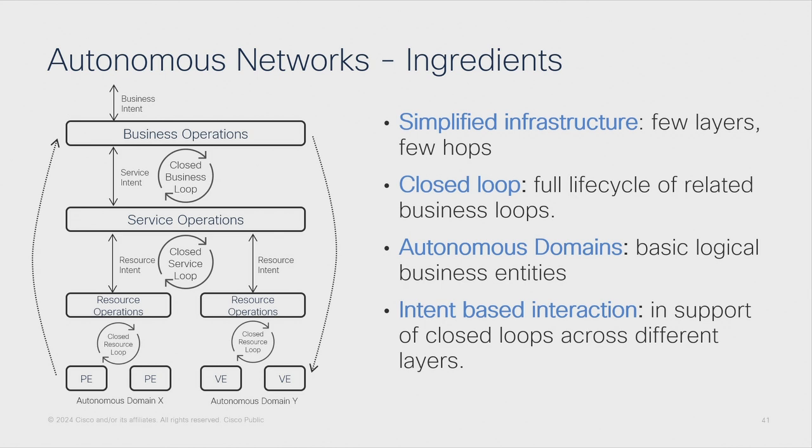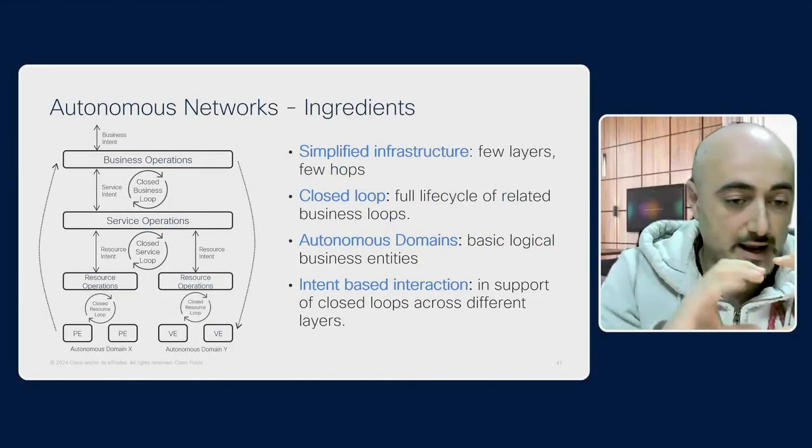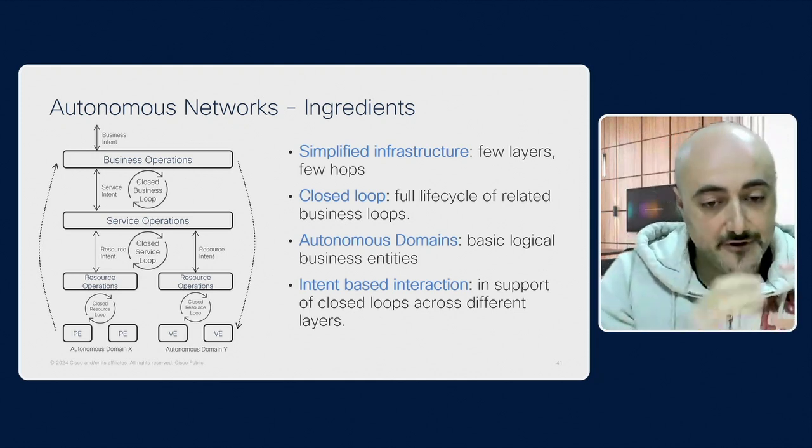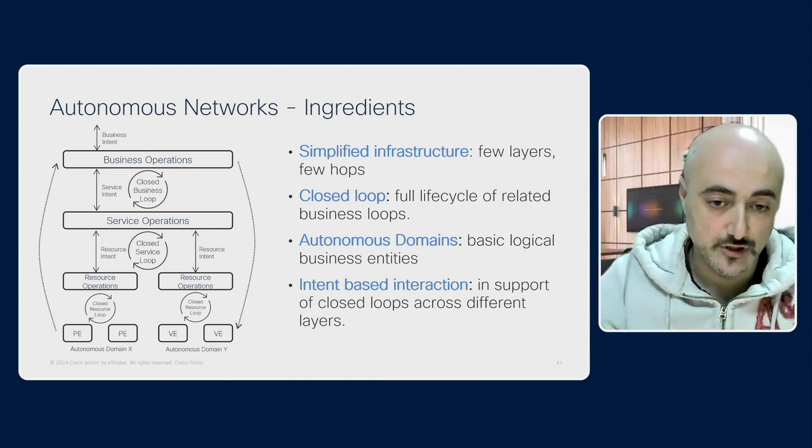The second building block is the closed loop. Basically, the closed loop refers to the full life cycle of everything that happens inside an autonomous domain, which is the third building block of our architecture. With autonomous domain, we refer to a basic logical entity. It could be, for example, an IP domain, an optical domain, a RAN domain, everything that is managed autonomously.